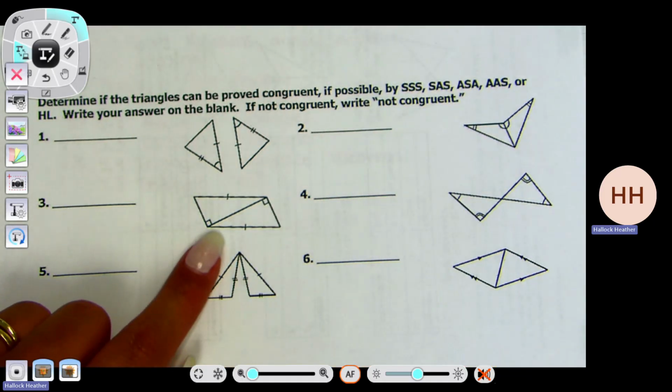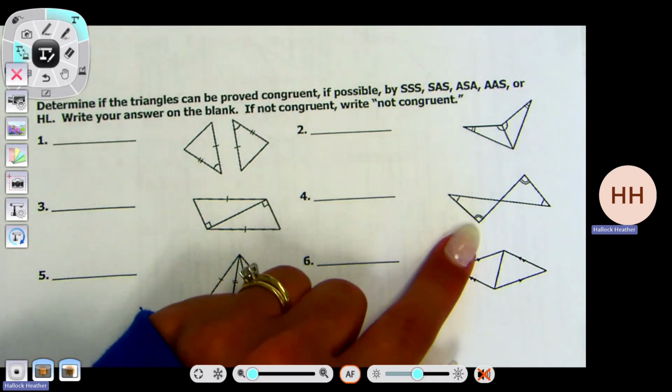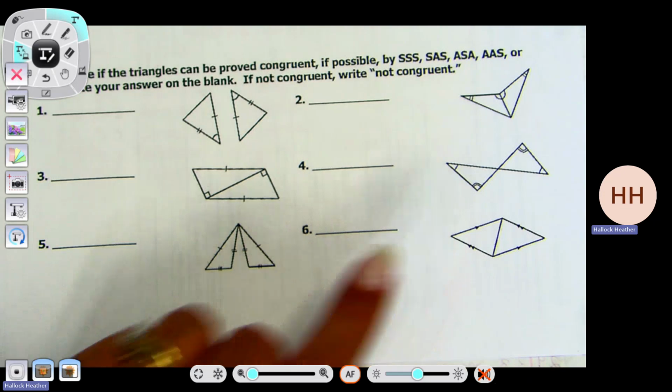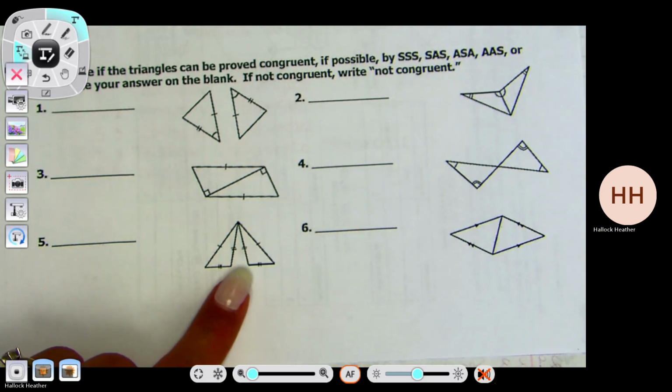And for 3, HL, because you can add in a line, which means hypotenuse leg. 4 is not congruent because vertical angles are congruent, but there's no theorem that says angle, angle, angle. So, 5 should be the easiest. SSS.